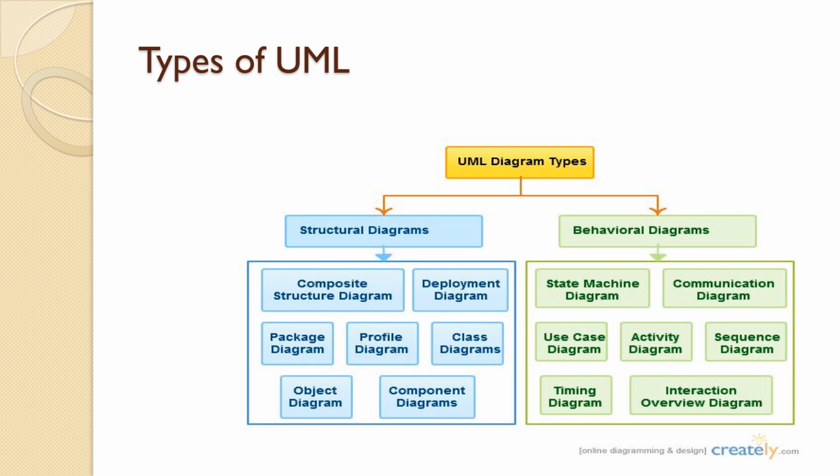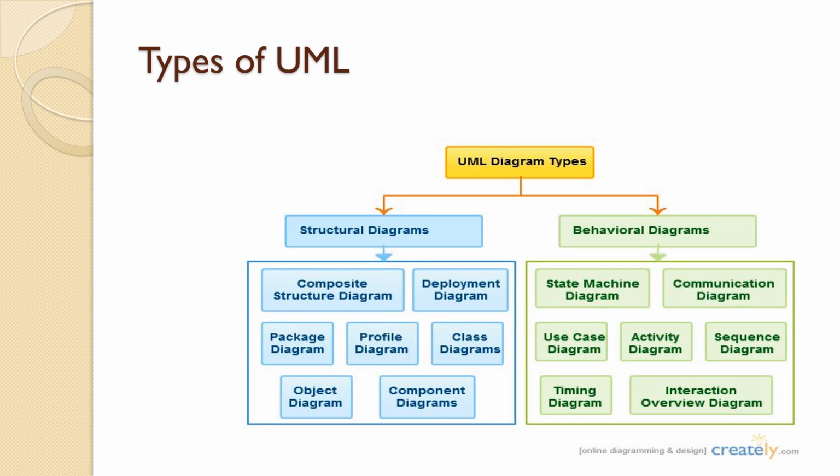Types of UML diagrams. There are two types: structural diagrams and behavior diagrams. What is a structural diagram? A structural diagram focuses on the static aspect of a system, such as components and relationships of the objects. These include class diagrams, object diagrams, component diagrams, deployment diagrams, package diagrams, composite structure diagrams, and profile diagrams.